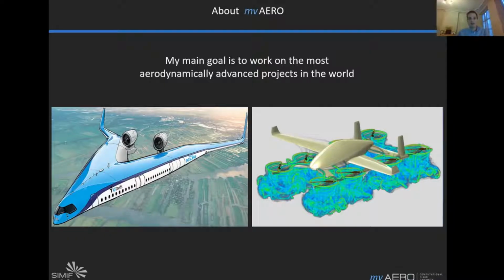And on the right, you see an electric vertical takeoff and landing craft using 8 rotors, which I designed, which are, to me, really interesting projects, and it's really XFlow that allows me to contribute to these projects. So I'd like to thank them for it.